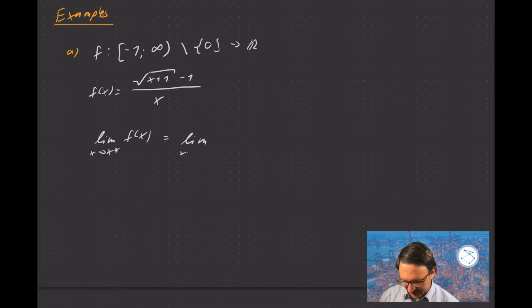So we want the limit as x approaches 0 of the function square root of x plus 1 minus 1 divided by x. What we do to compute that limit is we multiply the function by an appropriate term to get rid of that square root here.